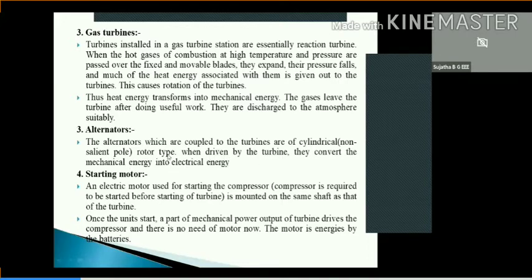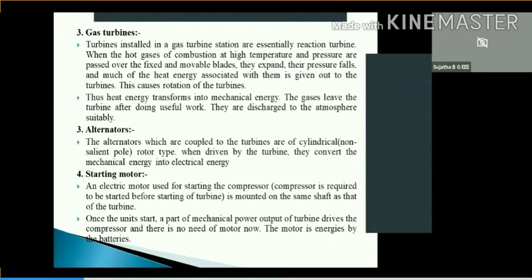See, we have represented here the cylindrical or non-salient pole type, where you don't have projected poles. So the rotor will usually be small in diameter, so it can run at high speed, because high mechanical energy is possible with a gas turbine. So usually non-salient pole or cylindrical type rotors are used.